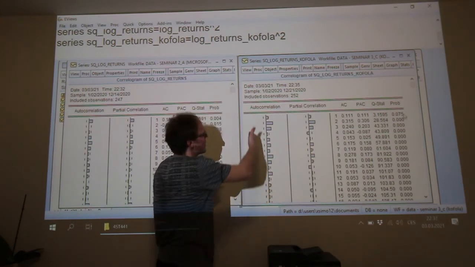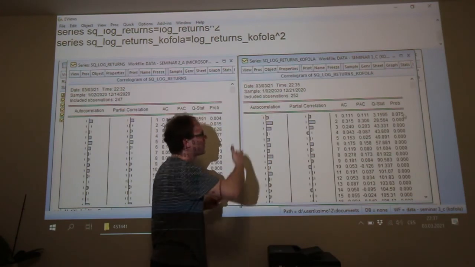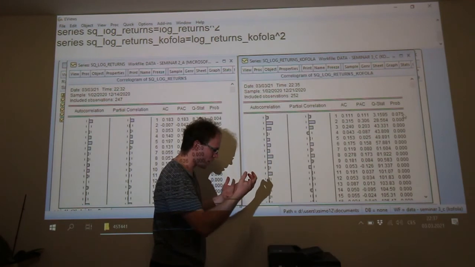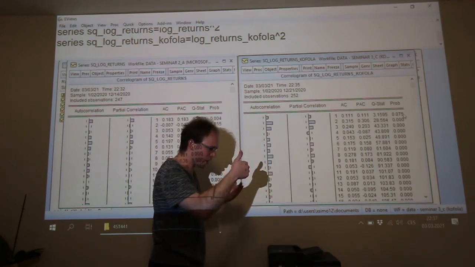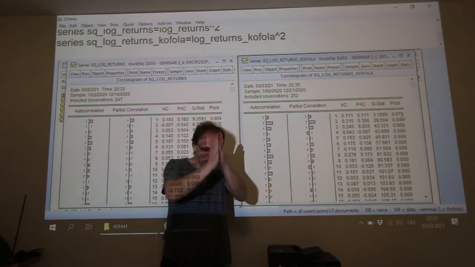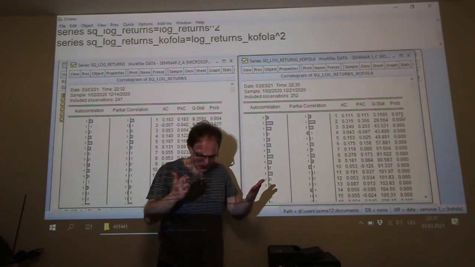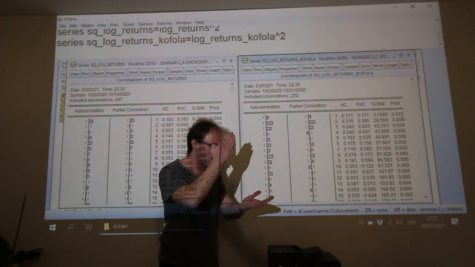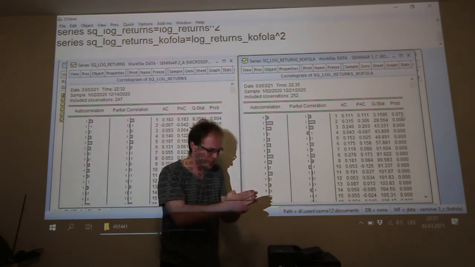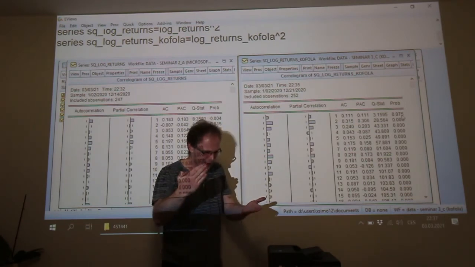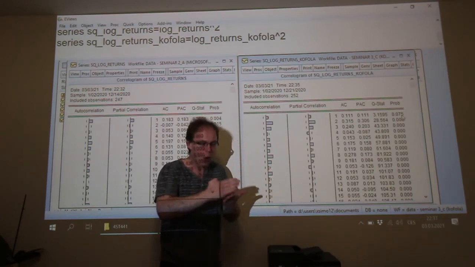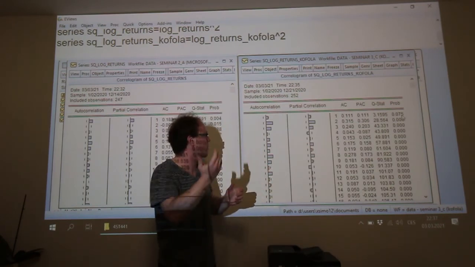This is interesting situation that there is no dependence, no correlation of the first order. It means that there is no dependence of neighborhood values. So the value in time t is not correlated with value in time t minus 1, etc. So autocorrelation of the first order.